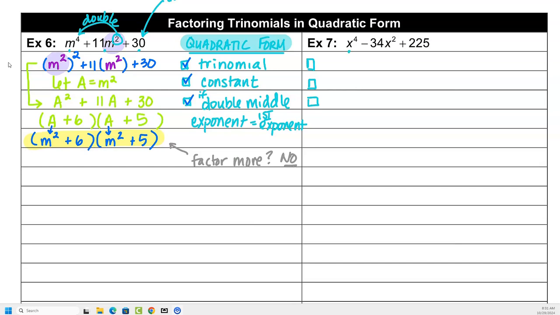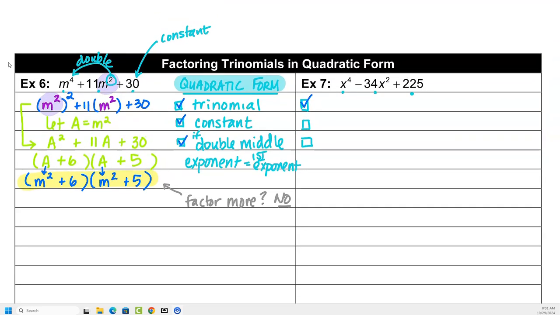Yeah, we have 3 terms, so I can check that off. Do we have a constant? Sure do, so I get to check that box. And when I double the middle exponent, the 2, do I get the first? I sure do. So I've checked all 3 boxes.